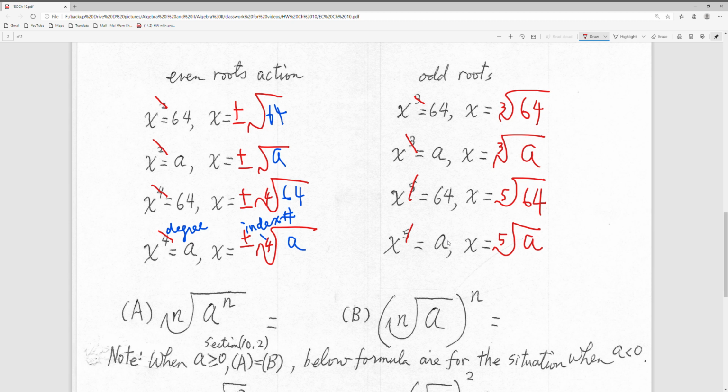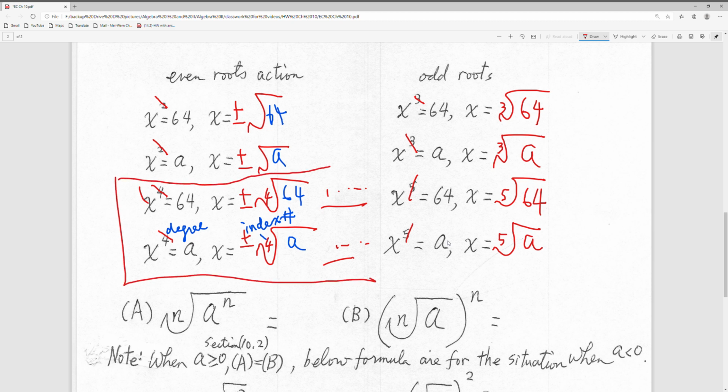For the even root, you need to put a positive. And when you have 4th degree, you're supposed to find more answers, actually. Okay, but right now we just talk about the concept. For 4th degree, you're supposed to find more answers, not just 2 answers. So this is just extra information, but you don't want to pay too much attention here.